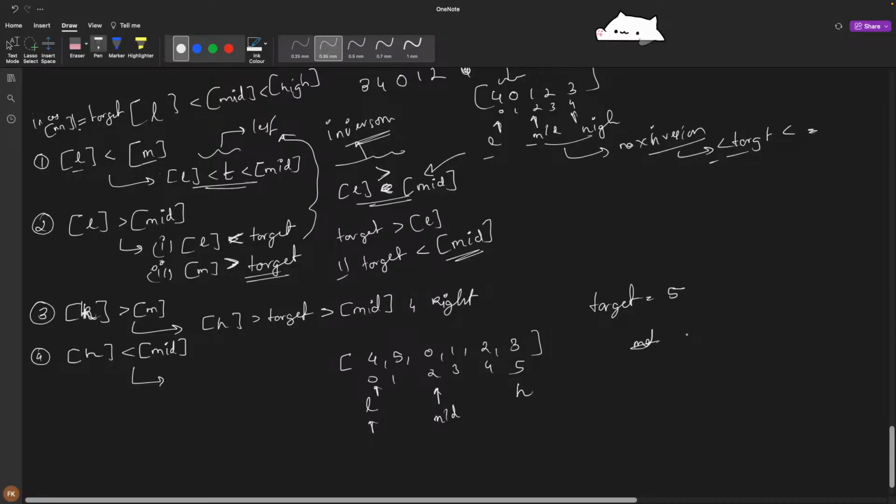Okay, clearly mid is not equal to target here, and low is greater than high.